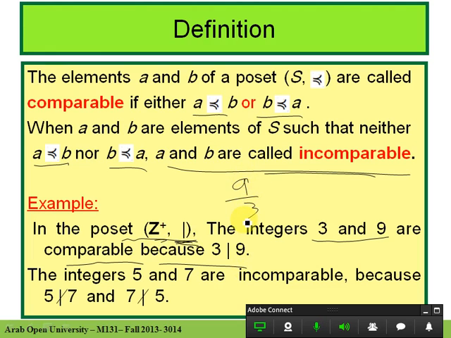You can divide this one, so we can compare 3 and 9 because they are in the same set of multiples of 3. Whereas we cannot compare 5 and 7, they are incomparable because you cannot divide 5 by 7 nor can you divide 7 by 5. Both are wrong. If any one is true, then we say it is comparable. If both are wrong, we say that it is not comparable.